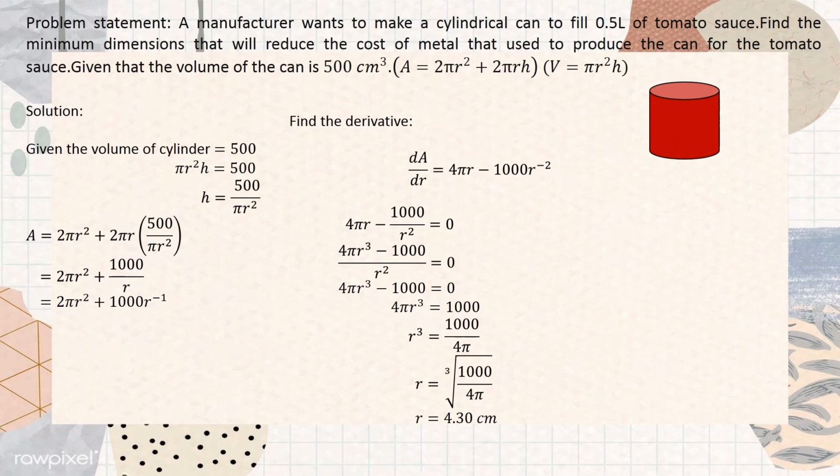So we have 4 pi r minus 1000 over r square equals to 0. Then we make it one fraction, so 4 pi r to the power of 3 minus 1000 over r square equals to 0. Simplify the equation and we will get 4 pi r to the power of 3 minus 1000 equals to 0. And then 4 pi r to the power of 3 equals to 1000. Finally we will get the value of r, which is 4.30 cm.